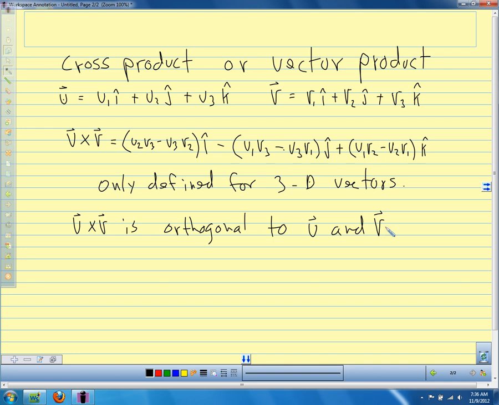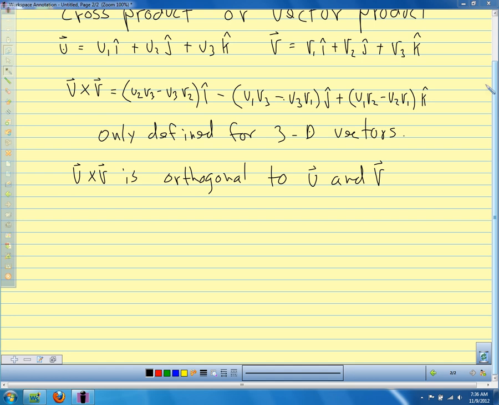An easy way to calculate this expression, which is kind of messy, to remember how to calculate it, is with a determinant form.